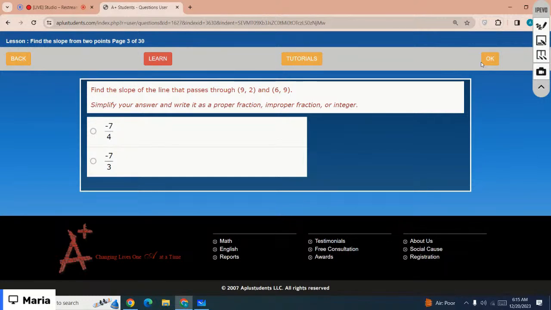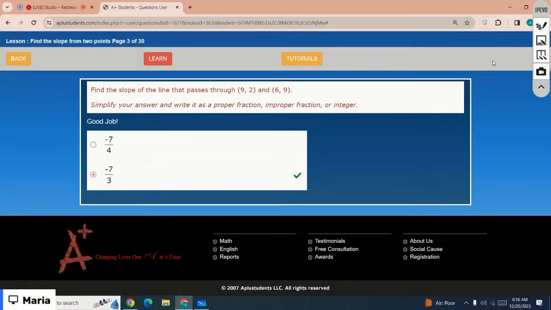So that would be negative 7 over 3. Option number 2 is the correct option.